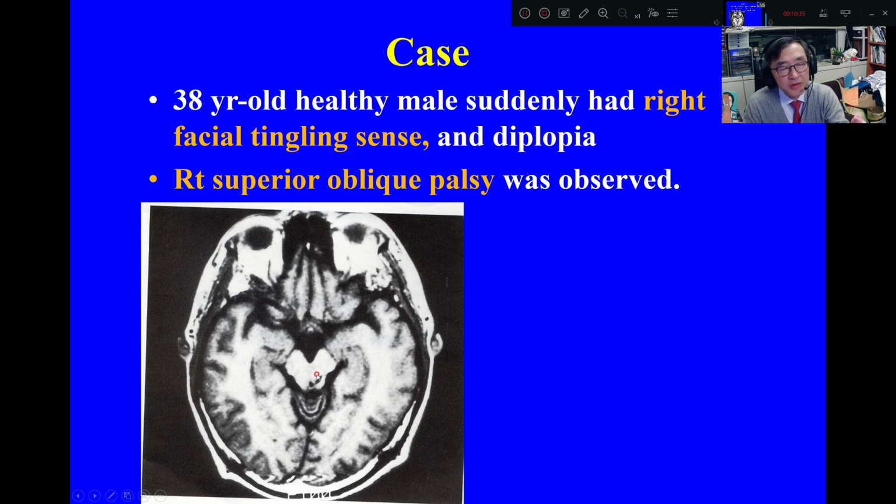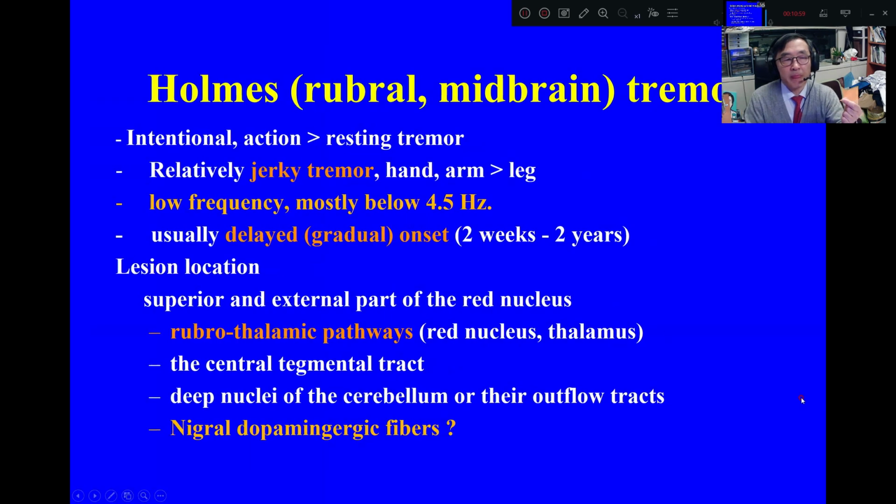But the fourth nerve here, the fibers are going outward, go out of the midbrain and encircle the midbrain, and then go to the contralateral eye. So probably this small lesion involved a portion of the sensory tract and the fourth nerve nucleus or fascicle, leading to contralateral facial tingling sensation and contralateral superior oblique palsy.